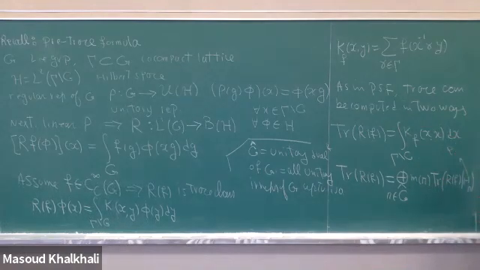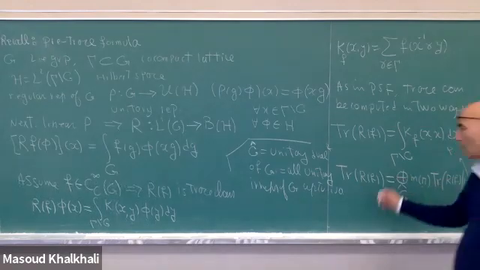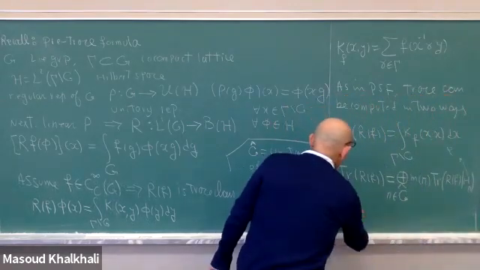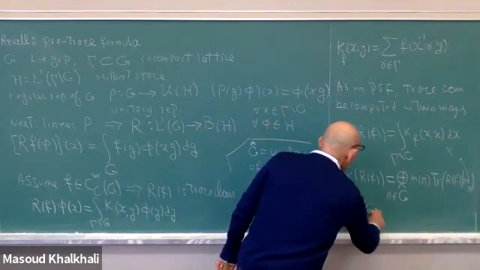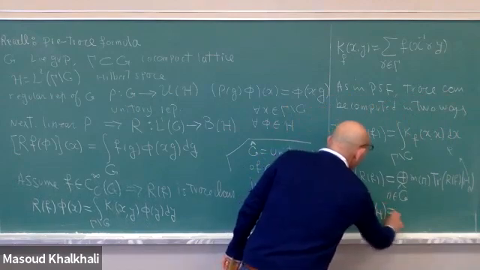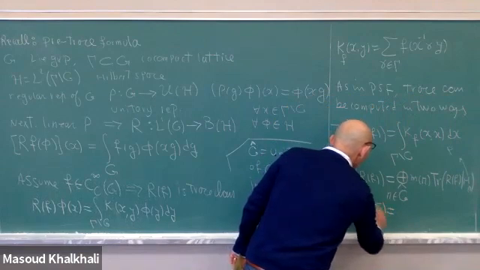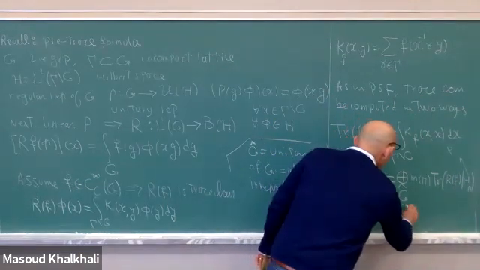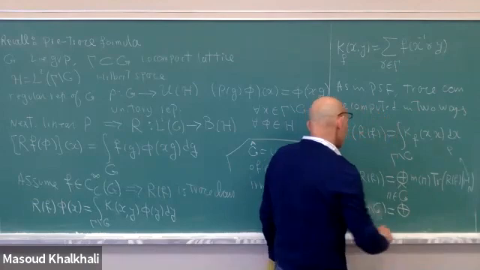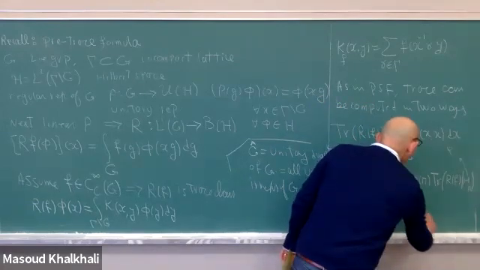I mean, this notation is not very good. So you see L2 of G over gamma is a direct sum of, now this is my notation.